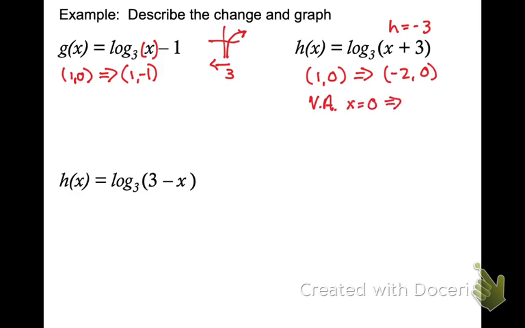Now it is what? X equals -3. My range doesn't change. That's all real numbers. My domain was x such that x is greater than 0. Now it is what? X is greater than -3.